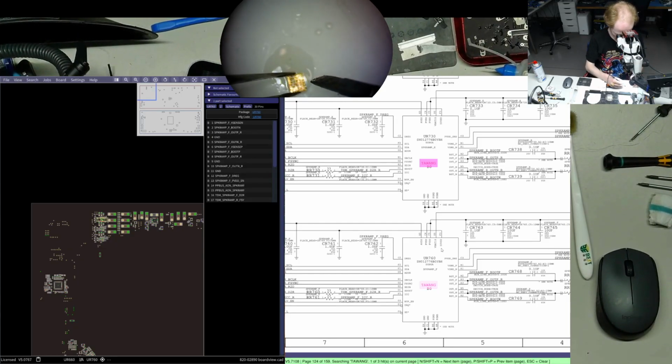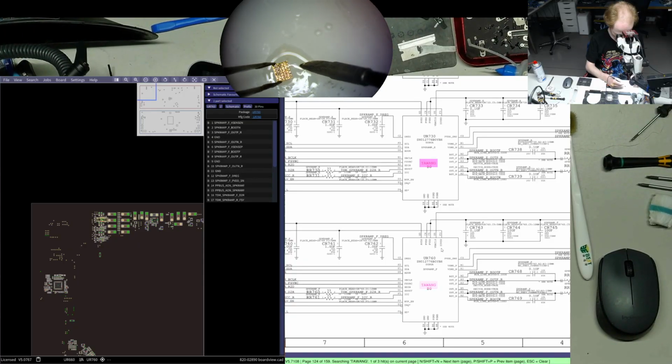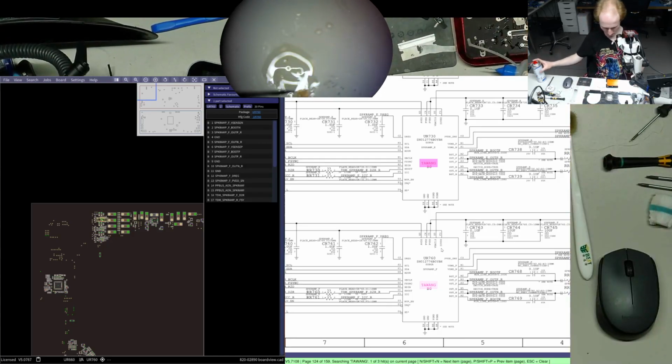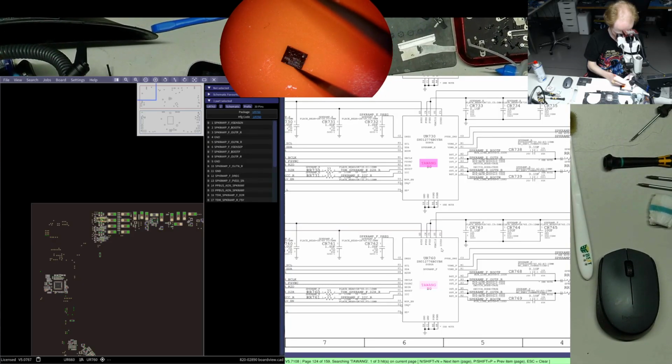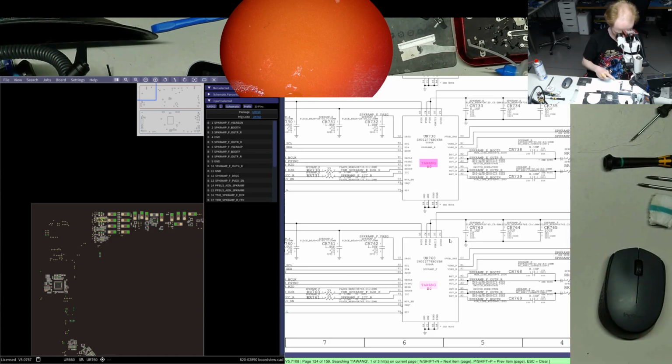So don't do this. Okay, looks clean enough.